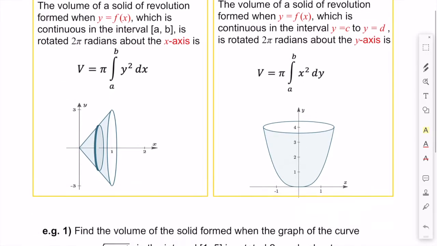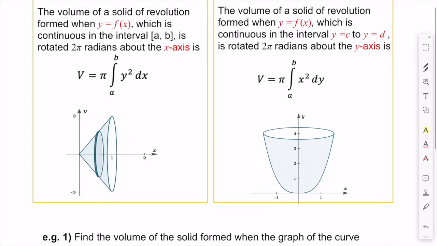So in the diagrams here, on the left side, if you're forming a solid of revolution by rotating your function about the x-axis, then you multiply pi by the integral of the square of the function and calculate its definite integral from the boundary a to b.